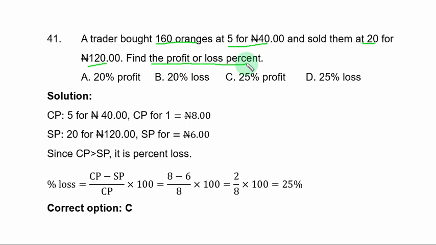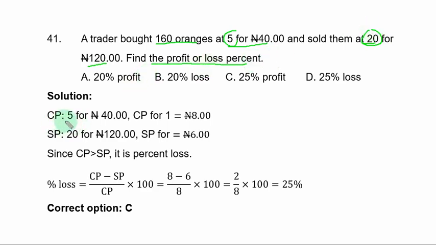Because of the way the problem is, the quantity at which the trader bought is 5 and sold at 20, they are not the same. So we need to get the cost price for one orange as well as the selling price.